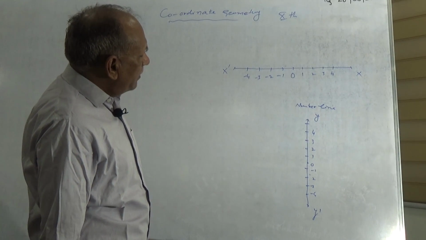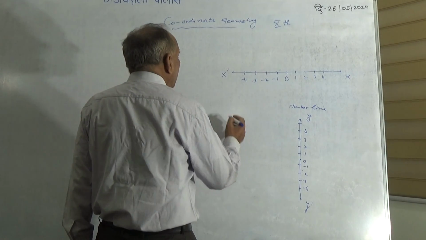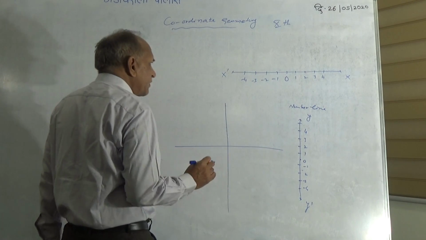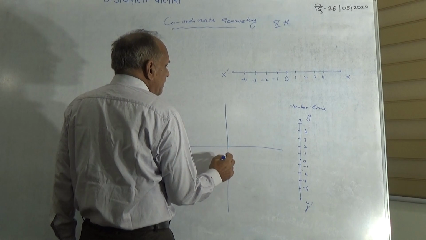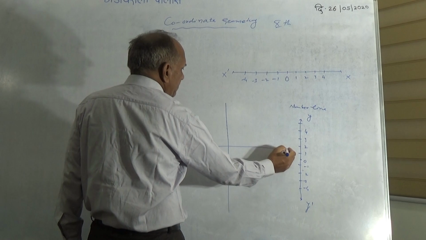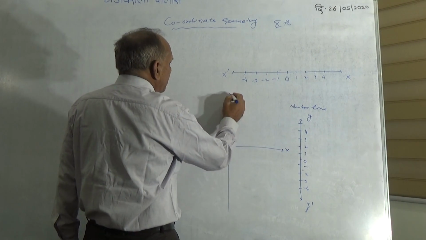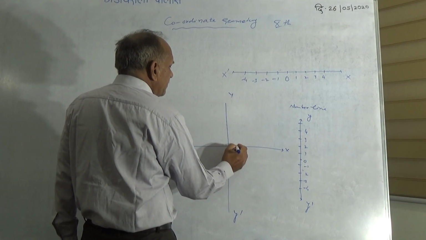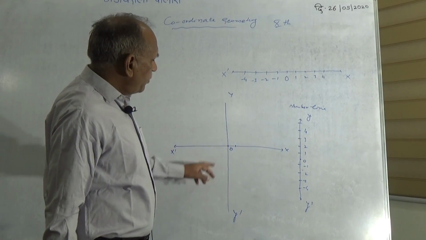If we draw these two number lines crossing each other, XOX' and YOY', then this point is called the origin.